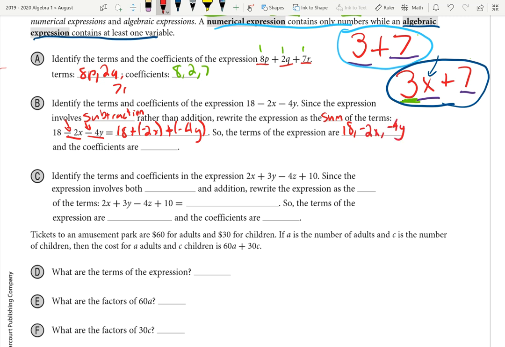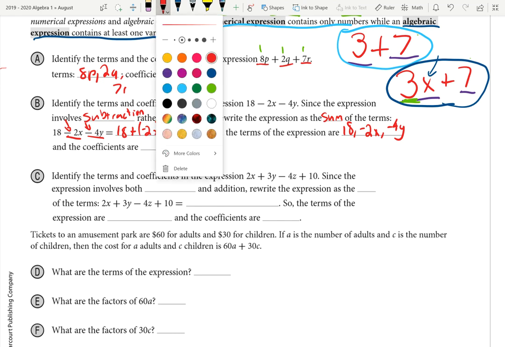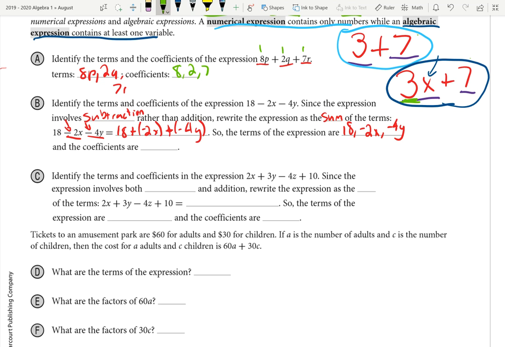It's very important we have those negatives associated with those terms. And the coefficients, going back to my coefficient color, are only the numbers associated with their variables. So negative 2 is a coefficient for x, and negative 4 is a coefficient for y. So it's just negative 2 and negative 4. 18 is not a coefficient because 18 does not have a variable with it.